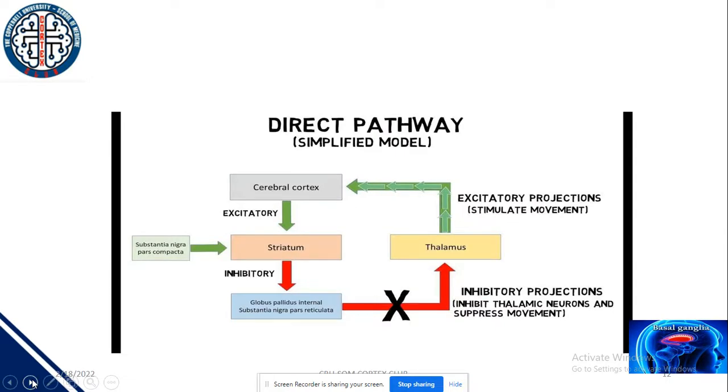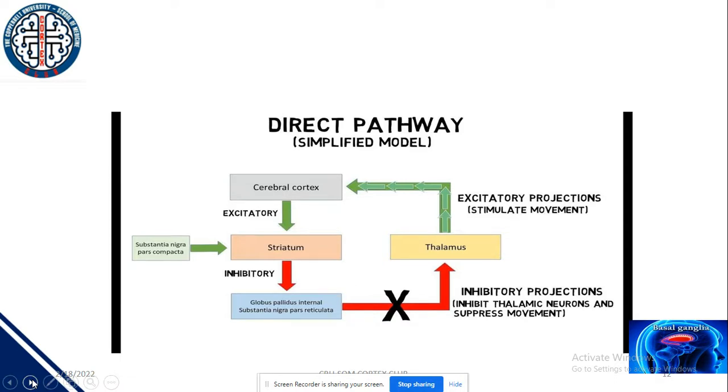Okay, so this is just a simplified model to illustrate what we said. Here we've just extracted the direct pathway, where we said the cerebral cortex is going to produce an excitatory neurotransmitter, in this case glutamate. And the glutamate is going to act on the striatum.